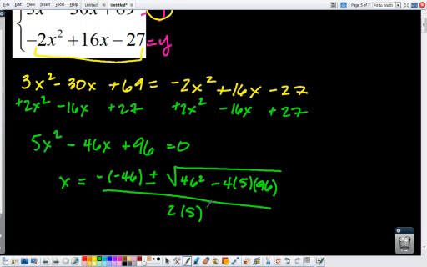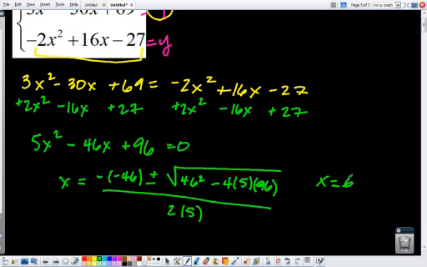Alright, so in your Casios, I'd recommend using the fraction bar, and that way you don't have to worry about making sure you divide everything correctly with parentheses and everything. So one of my values is x equals 6. I'm going to jot that down over here. x equals 6.